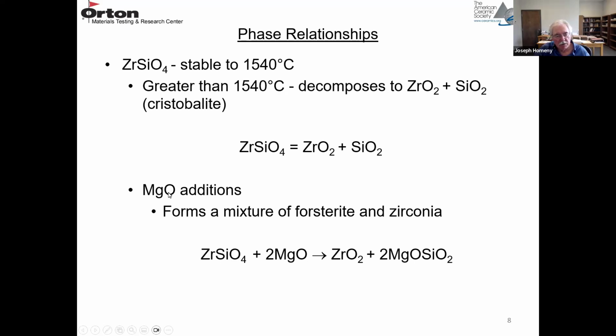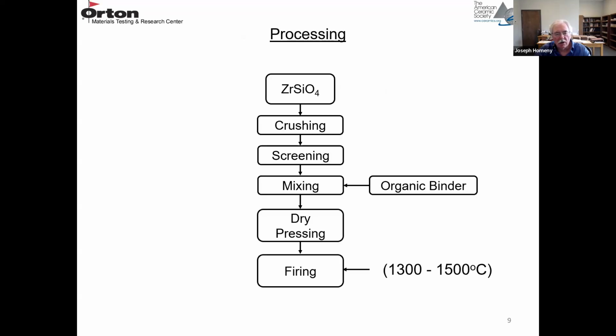So you add enough MgO to react with the free silica to form this material forsterite. So those are our two possibilities to make a material that's going to be more useful at higher temperatures. Of course, you can always use zircon at temperatures lower than 1540 degrees C, and it'd be just fine.